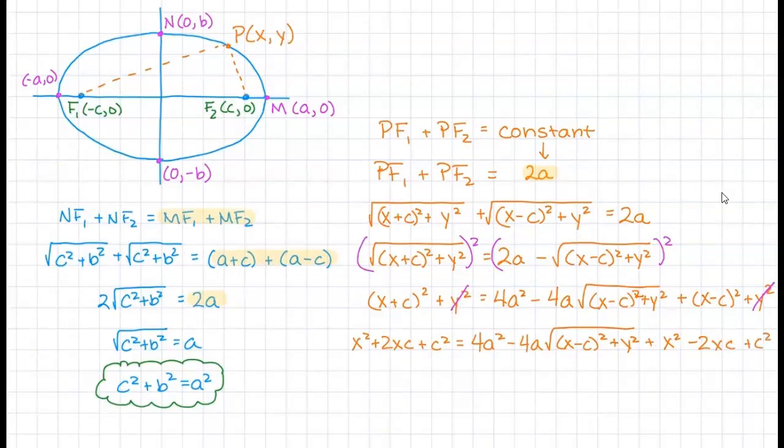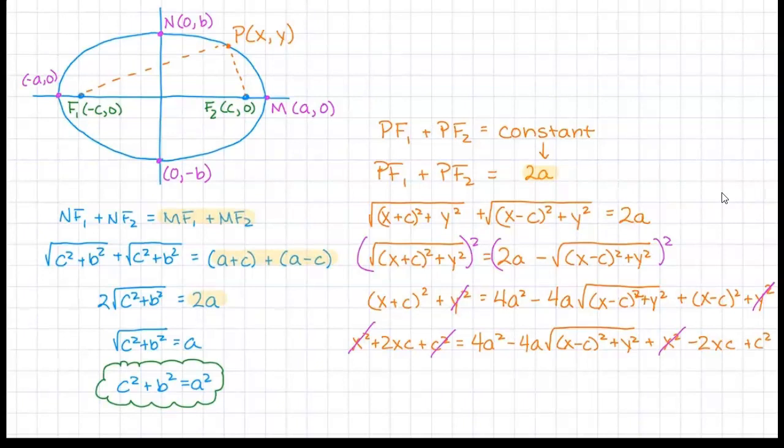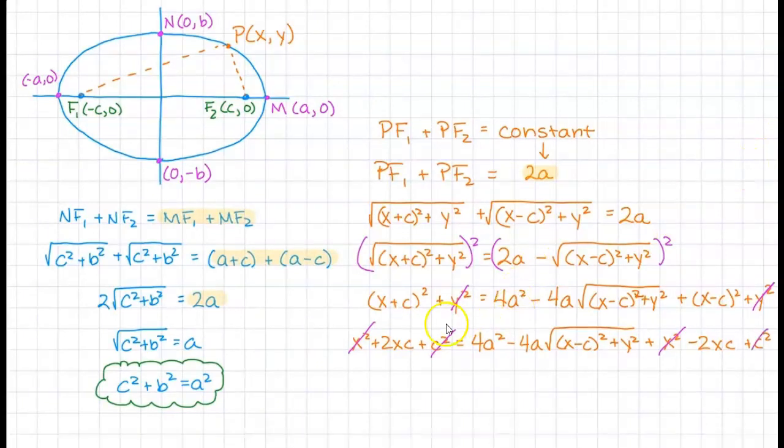Now there's an x squared on both sides that'll cancel. There's a c squared on both sides that'll cancel. And this 2xc and this minus 2xc, if I add this over here, it's going to make 4xc equals 4a squared minus 4a times the square root of (x minus c) squared plus y squared.